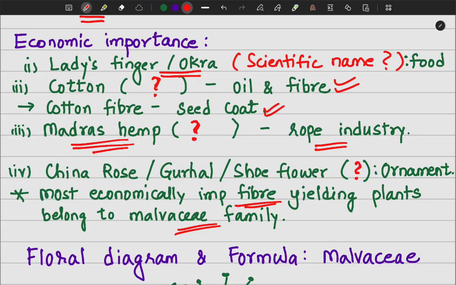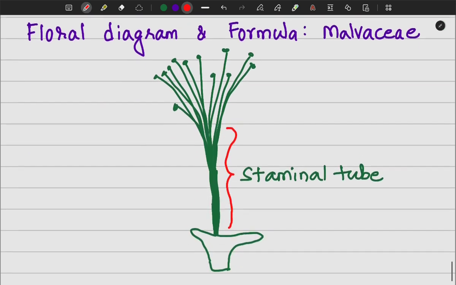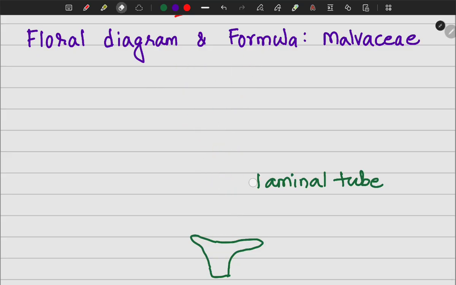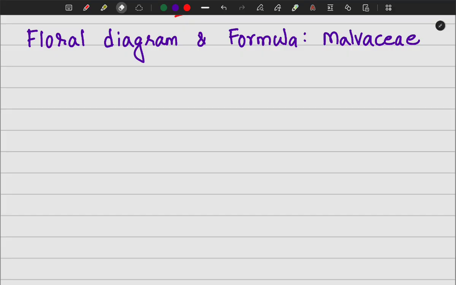Alright, now let us move on to the floral diagram and floral formula for Malvaceae family. When we draw a floral diagram, we usually start with the calyx, but here in the case of Malvaceae family, there's another structure which is present, which is called epicalyx.